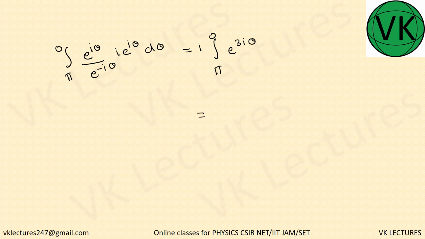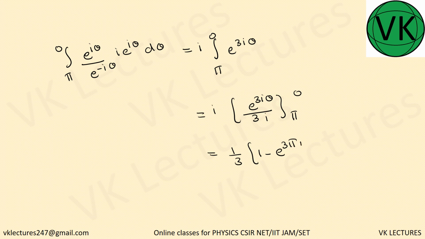So that is equal to i e raised to 3i theta divided by 3i within the limits pi to 0, that is 1 by 3 into 1 minus e raised to 3 pi i, that is equal to 2 by 3. For the second part, we got the answer as 2 by 3.